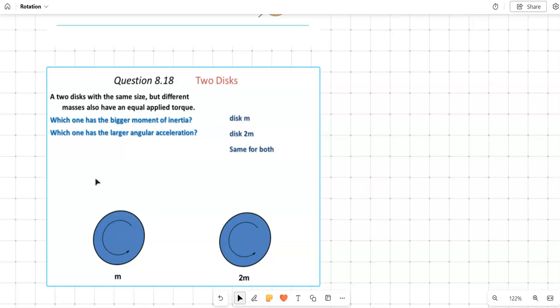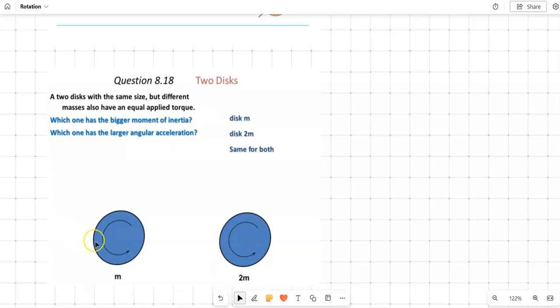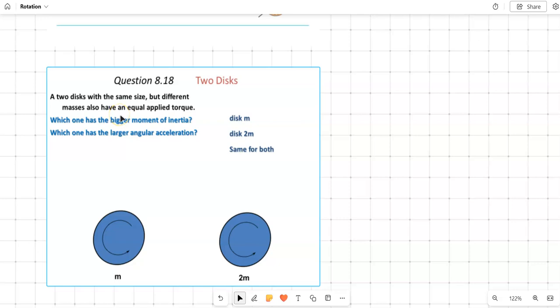Which object has a larger moment of inertia? And as a consequence, which one will have a larger angular acceleration? So take a moment, think about the problem, and then pause the video and try to answer it. Okay, please pause now.